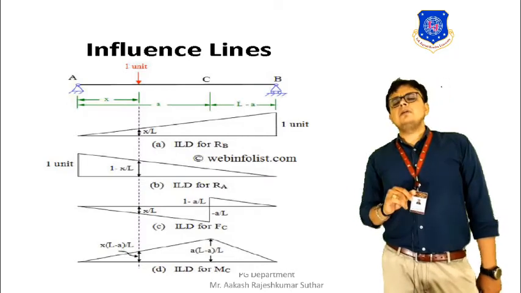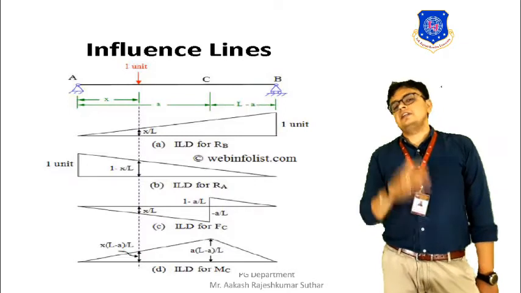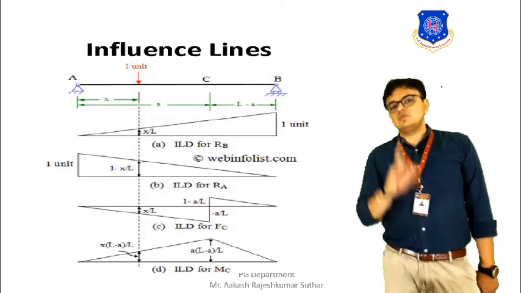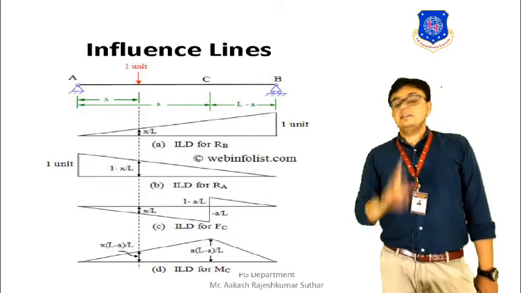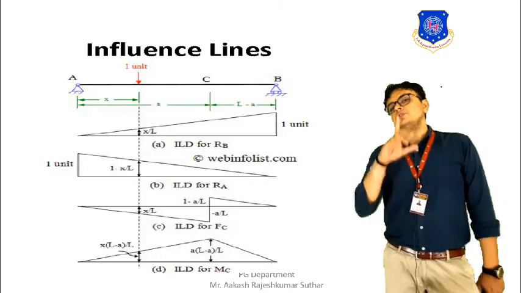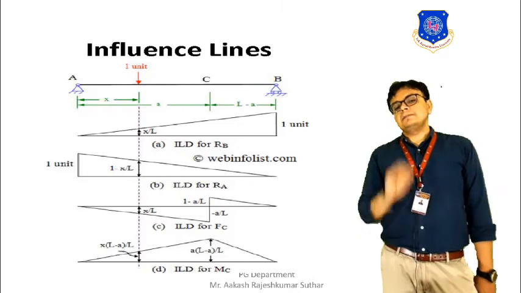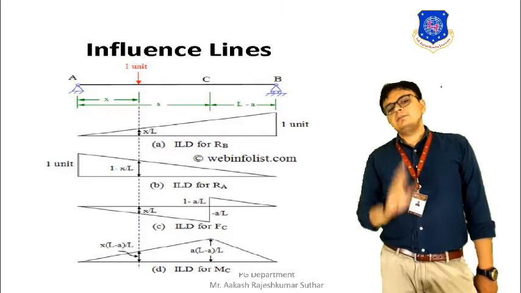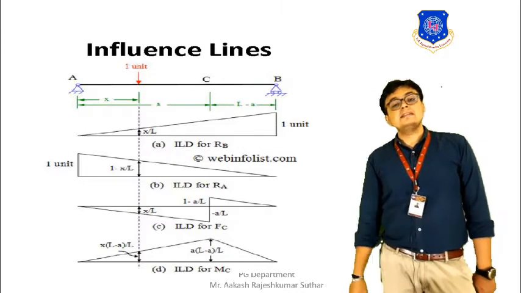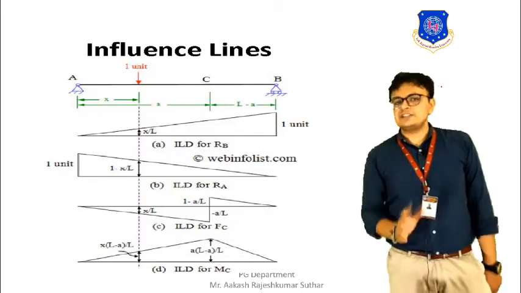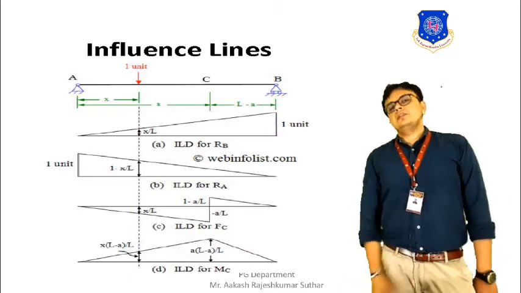In a similar way, for the ILD diagram for the reaction at A, when the reaction at A is equal to 1 and the reaction at B is equal to 0, the value will be unity at location A and 0 at B. And at a point x, the intensity will be equal to 1 minus x by L. These are the generalized formulas for finding the shear force in such a condition.